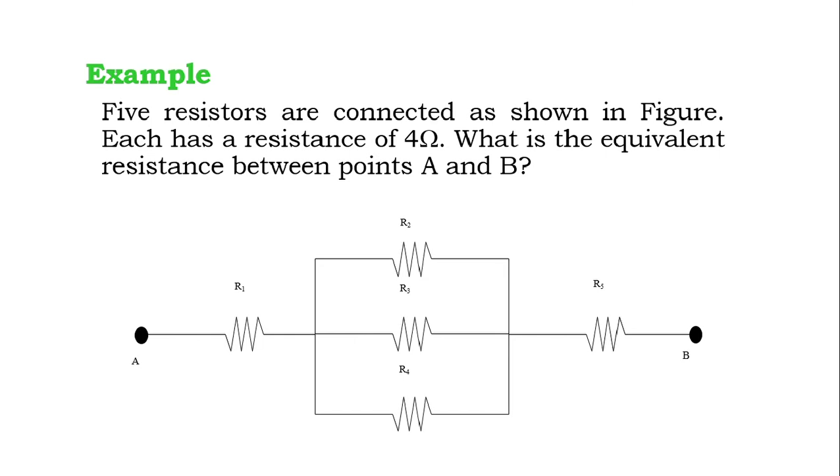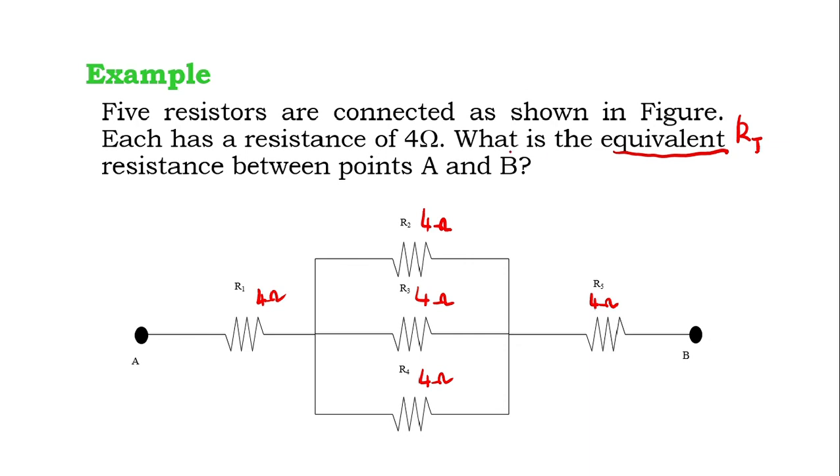Okay, for example, here kita ada 5 set resistors. Okay, semuanya nilainya adalah 4 ohm. What is the equivalent resistance between point A and point B? Equivalent resistance maksudnya dia nak cari R total. Okay, so resistor 2, 3 and 4 dia adalah paralel sebab dia duduk depan belakang kan.